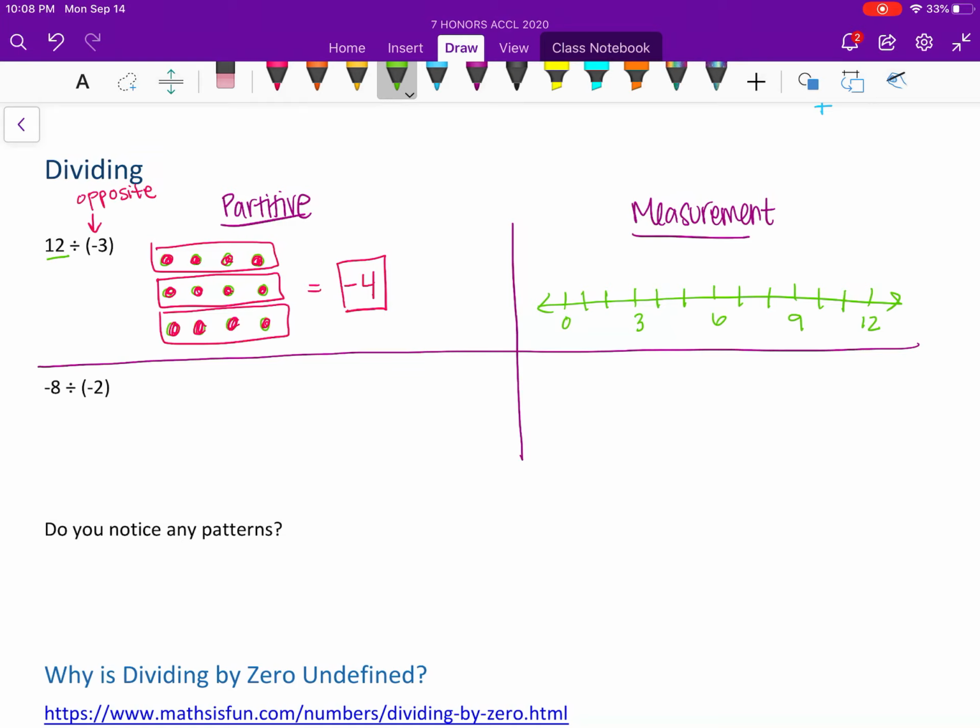Okay, there we go. So for measurement, we have 12, or a positive 12, and we want to divide it into three groups. Well, each group, if we divided it into three groups, would have 4 marks in them, right? 1, 2, 3, 4. 1, 2, 3, 4. So each of them would be sectioned into 4.